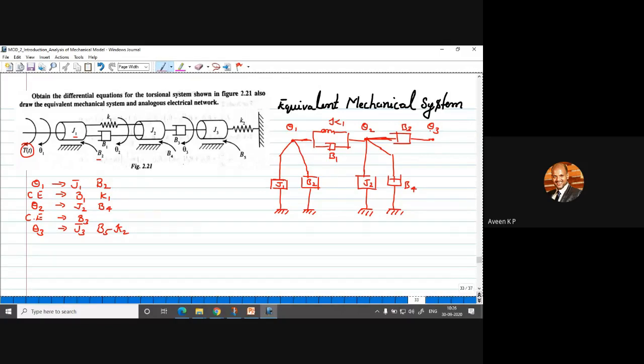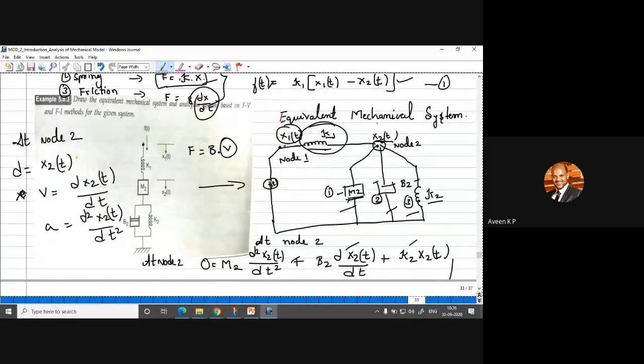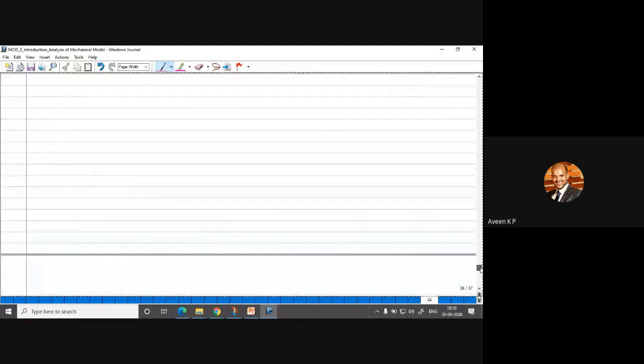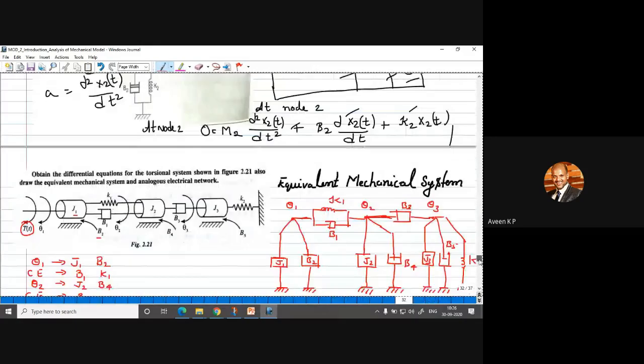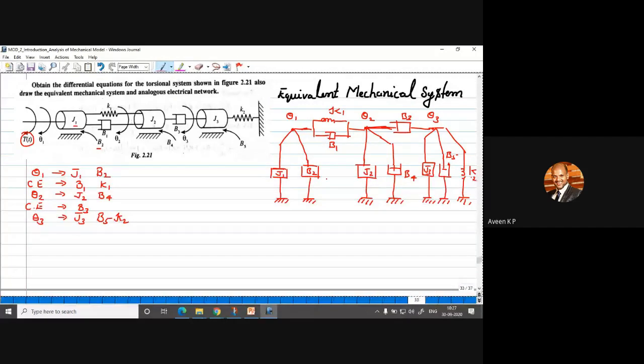Under theta 3 we have three more elements, starting with J3, inertia, and B5, and the final one is a spring, K2.